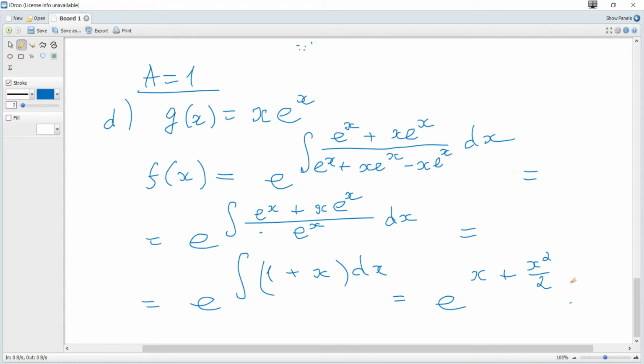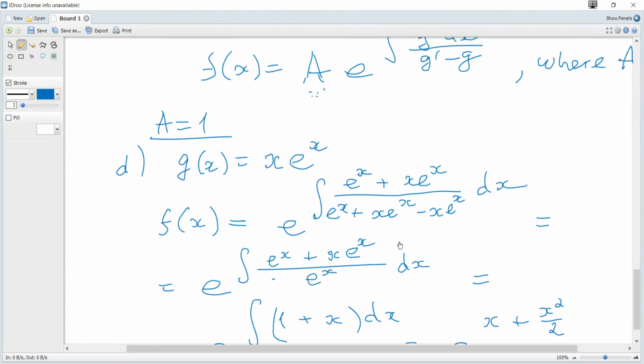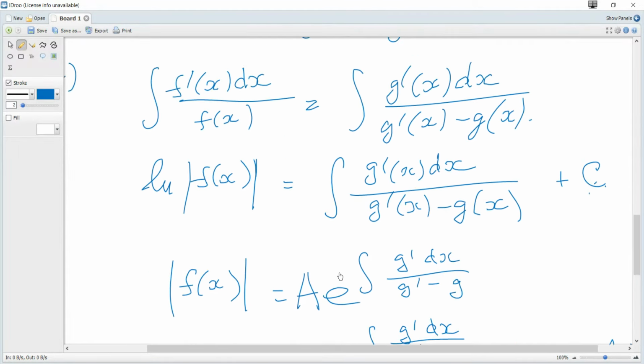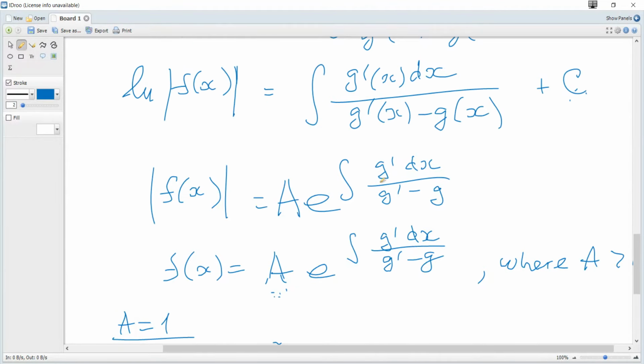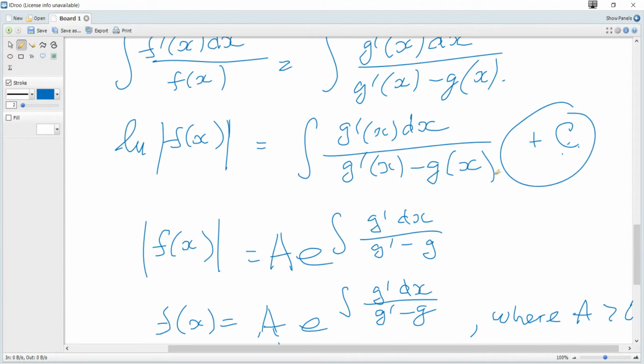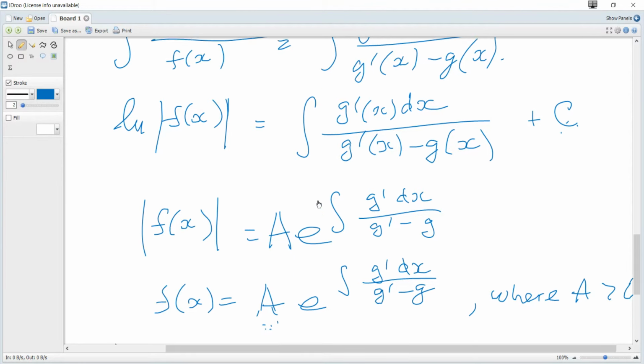And notice that a constant is not required here because it's a part of the previous differential equation, and this constant is already taken into account here, a, and it is given that a is 1 here.